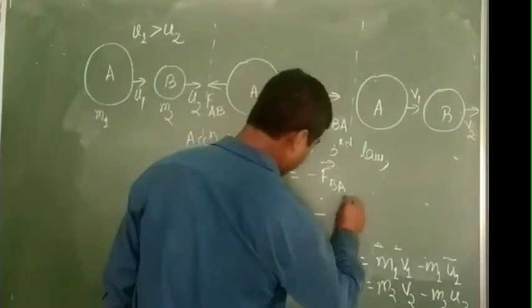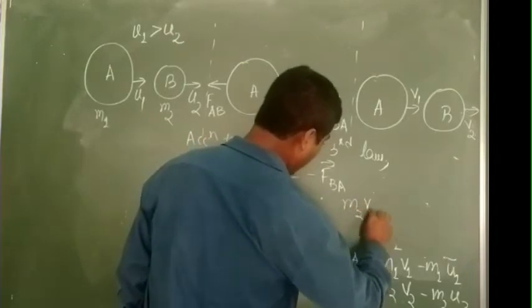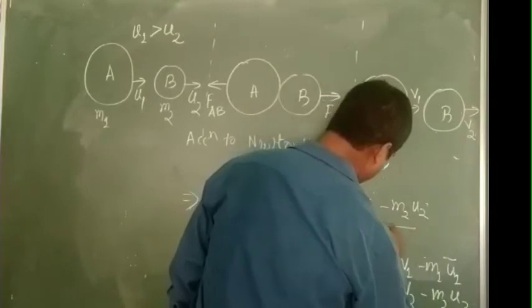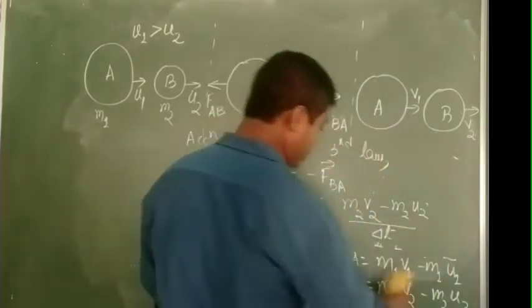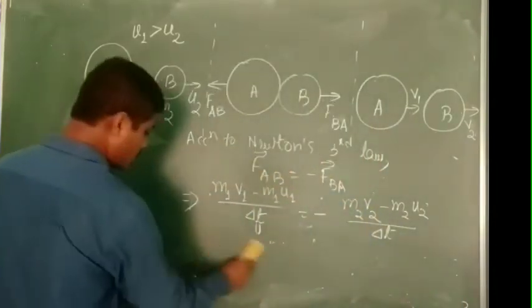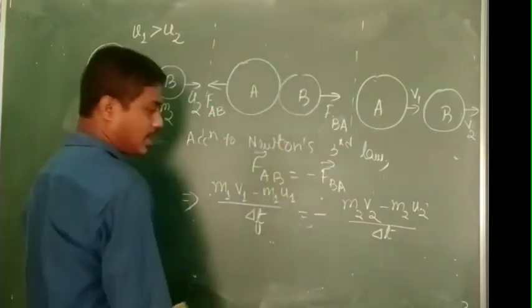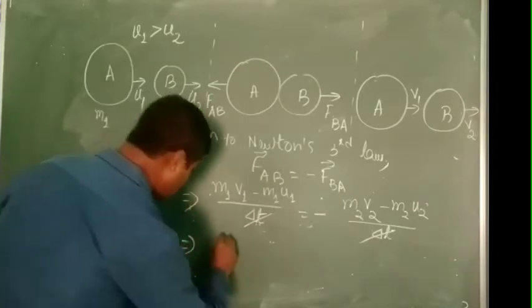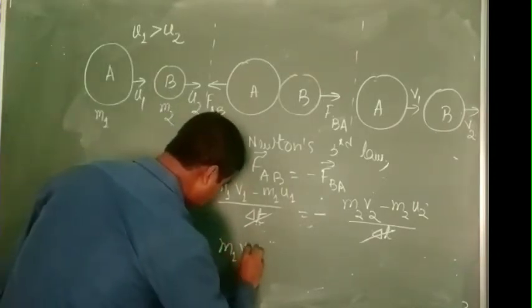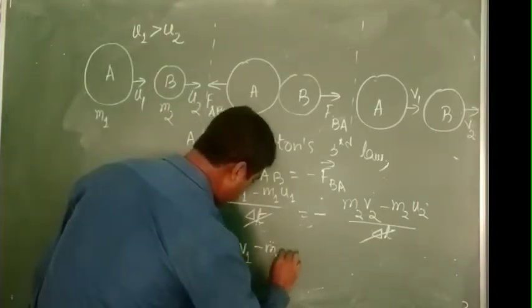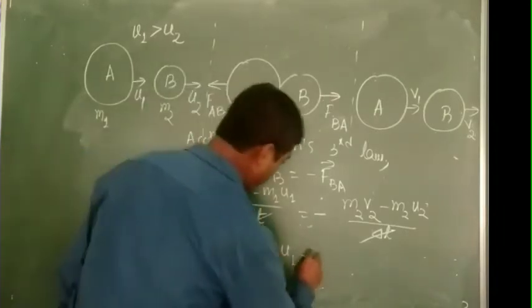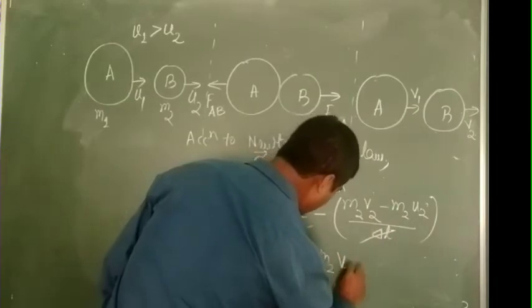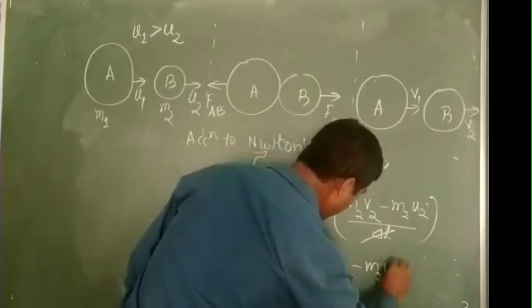Similarly, minus m2 v2 minus m2 u2 divided by delta t. Now I can cancel the change in time. This will be equal to m1 v1 minus m1 u1, and if I multiply the minus inside, it will be m2 v2 minus m2 u2.